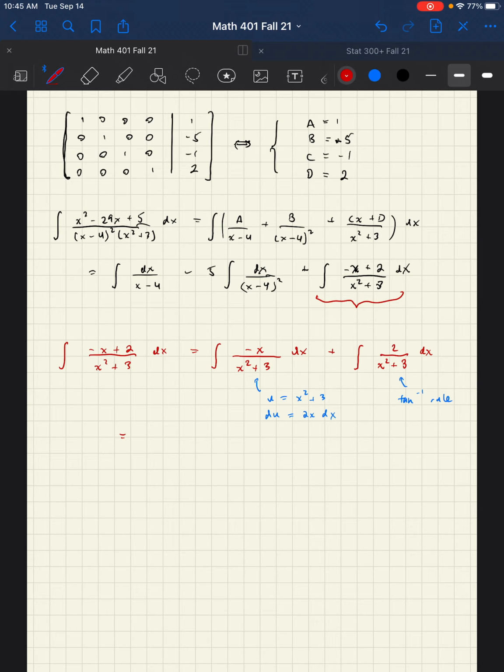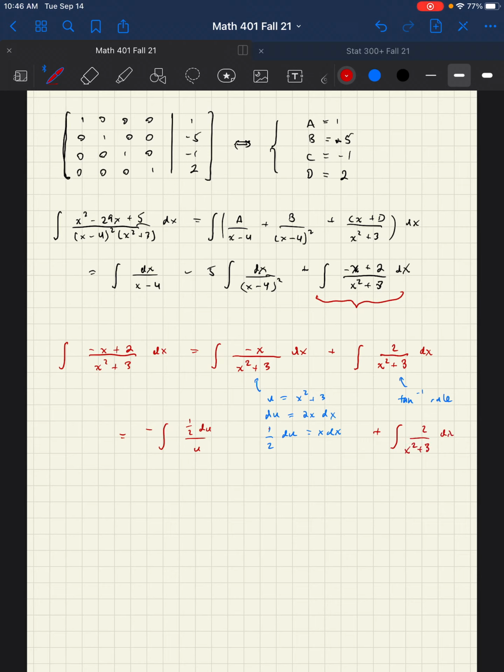integral, which is, if we do the replacement with the du, 1/2 du equals x dx. So we're going to have negative integral 1/2 du over u, then plus this part.